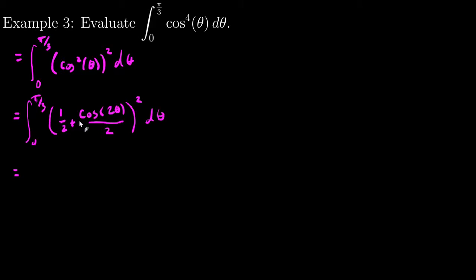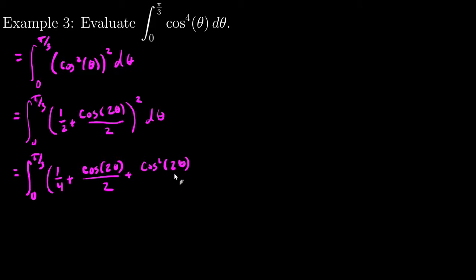And now I will expand this out. 1/2 plus cosine 2 theta over 2 squared, either FOIL, Pascal's triangle, binomial theorem, however you want to remember that. 0 to pi over 3 of, we have 1/2 squared, which is 1/4, plus 2 times 1/2 times cosine 2 theta over 2, which is going to end up being 2 cosine 2 theta over 4, which is cosine of 2 theta over 2, plus this squared, which is cosine squared 2 theta all over 4.